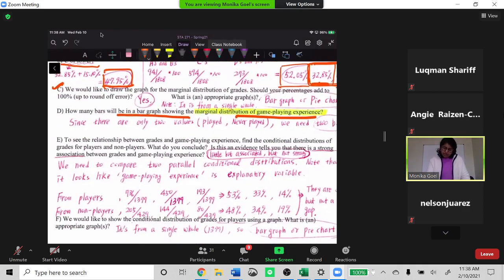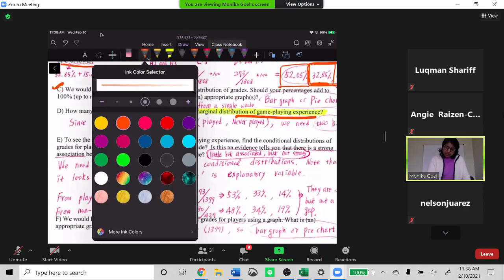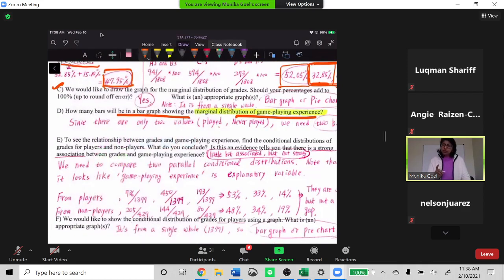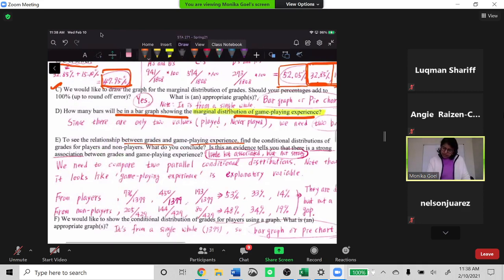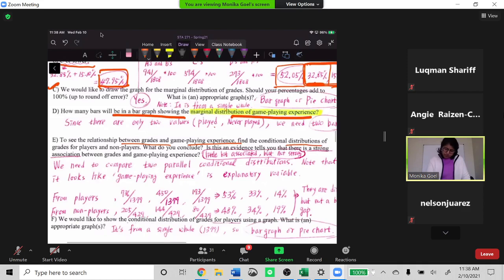To see the relationship now, we are talking about conditional distribution. To see the relationship between grades and game playing experience, find the conditional distribution of grades for players and non-players. So to find the relationship, whatever I have done in the marginal distribution is not going to help me understand the relationship.